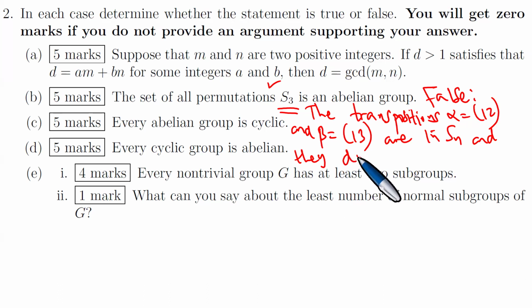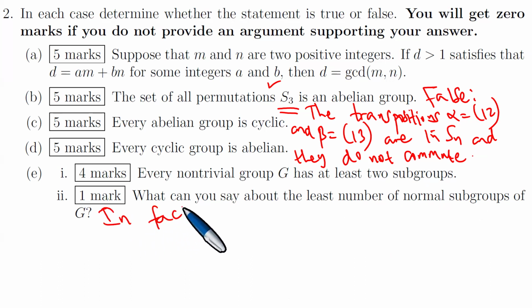They do not commute. Very important. So we know that (1 3) and (1 2) do not commute. If they don't commute, we need to explain why, and we need to show they don't commute.